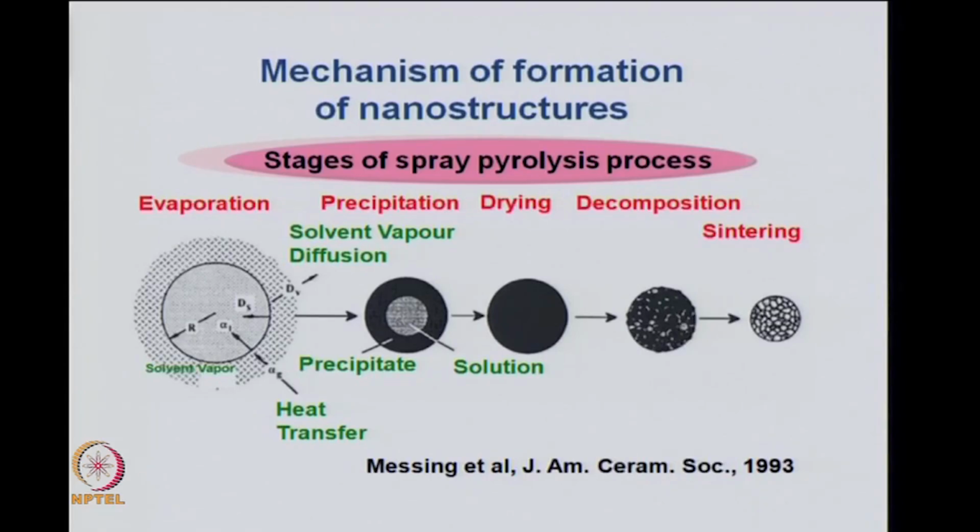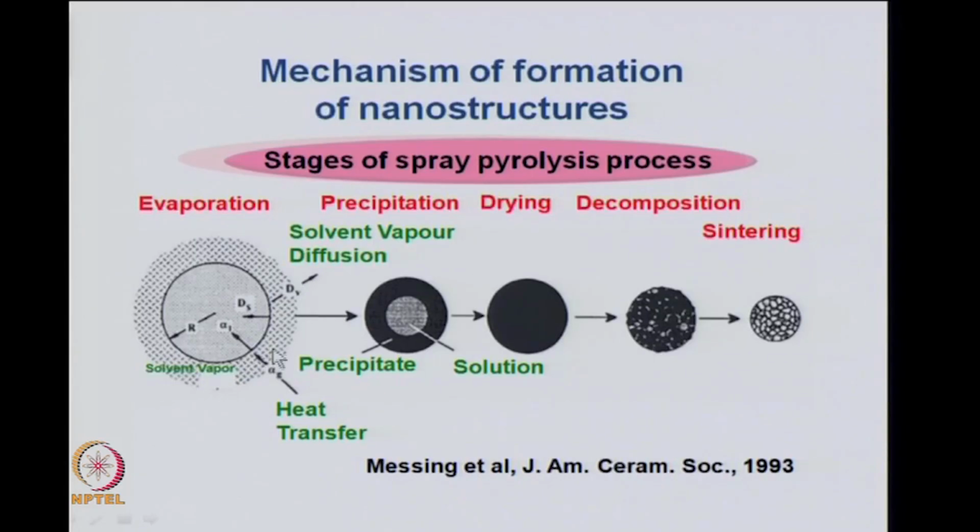So, there is a higher temperature, and then the solvent will try to migrate out. Heat will try to go inside, and there is a solvent vapor diffusion towards the outer periphery.